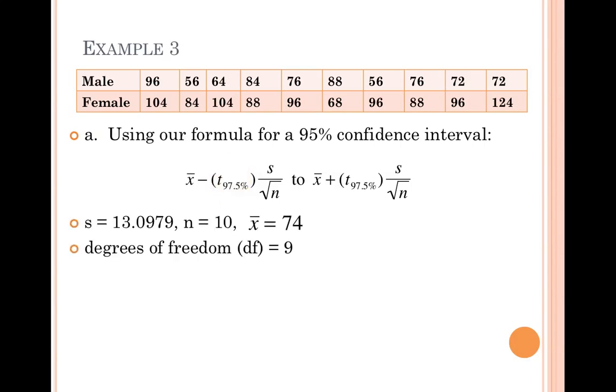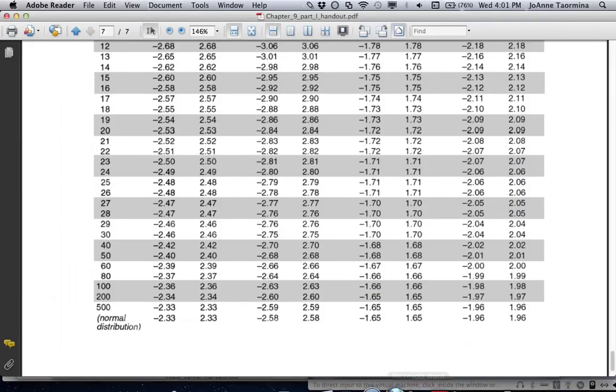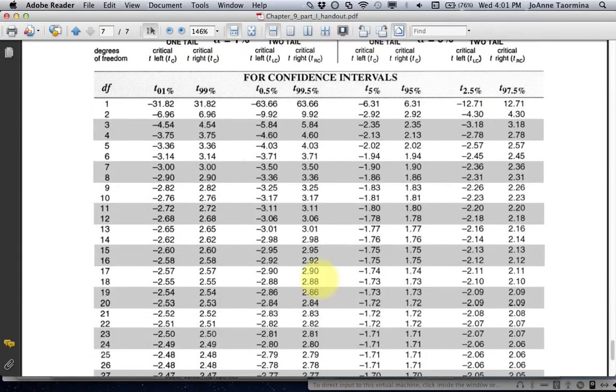So going to your t-distribution chart, you should get a t-score of 2.26. If you need help with that, let's look. We're going to go to t 97.5. We're going to go down to the degrees of freedom of 9, and it's 2.26.